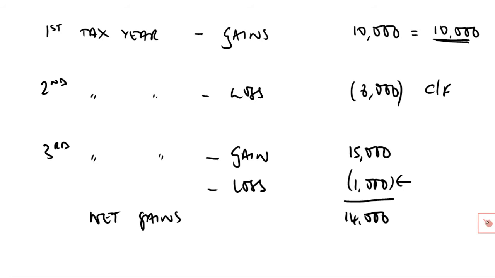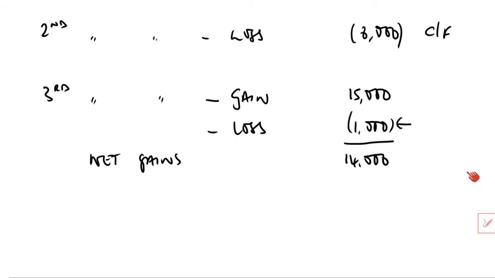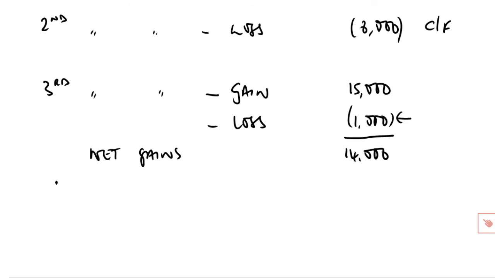Having got the net gains of the year, we are then able to, and will then deduct, less losses brought forward. Now, here's the thing, and it's now good news from HMRC. Remember, the losses brought forward are deducted before the AEA.